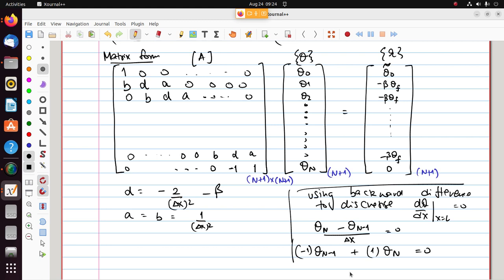If you need 4 bytes or 8 bytes to store a number, then you have 8 times 1 million, that's 8 megabytes. That's the amount of bytes you need to store the matrix A.